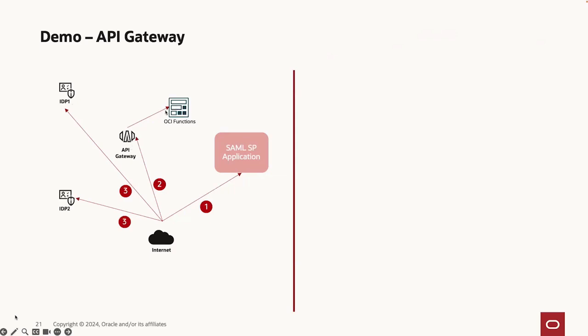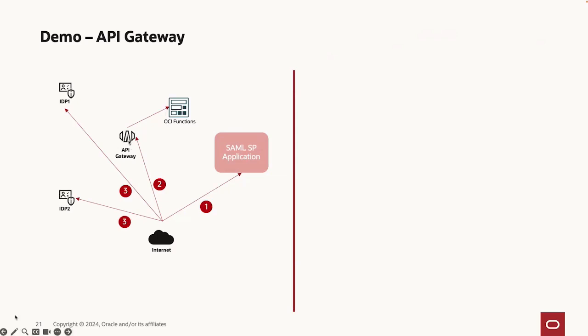The OCI function will take the SAML authentication request and relay state from the request, do all the manipulation that's required to change, let's say, the destination in the SAML authentication request, and route it to one of the IDPs that the customer will choose to use to log in for that specific request.